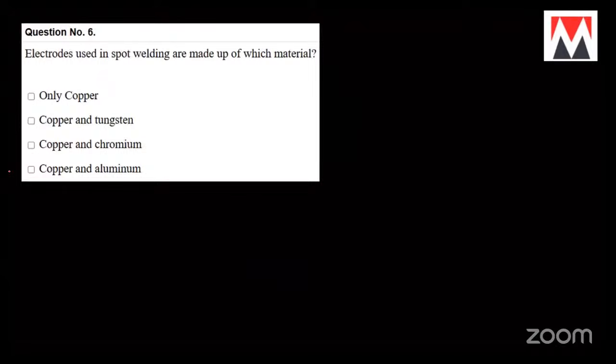The electrodes used in spot welding are made up of which of the following materials? So you need very high temperature, it needs to take a high amount of electrical energy, and it needs to have high K. So copper is correct, copper and tungsten is correct, copper and chromium is correct, copper and aluminum you won't generally take.